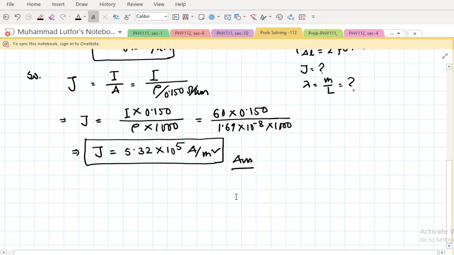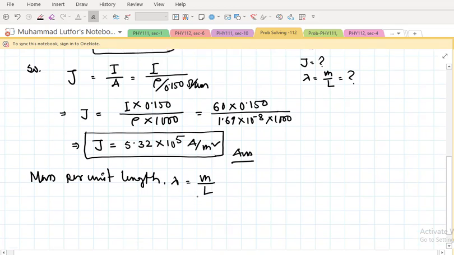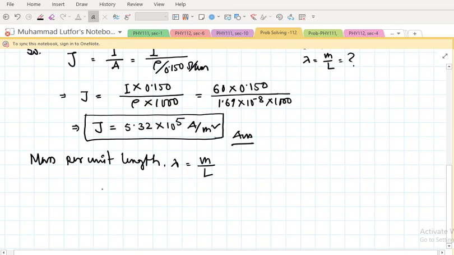Now for mass per unit length, which is lambda, would be m by L. We can find that ratio from the definition of the mass density of a system.